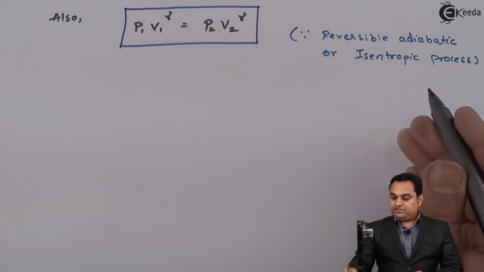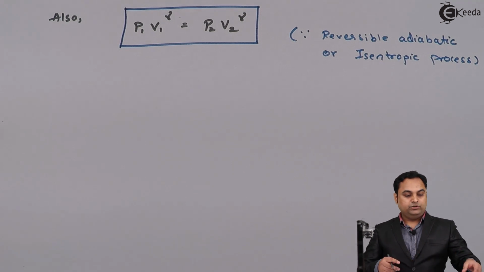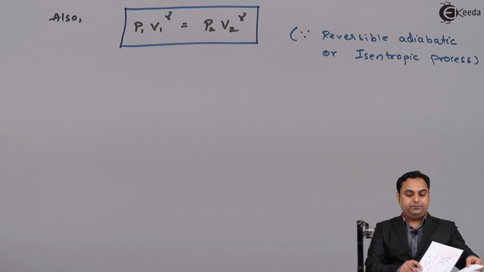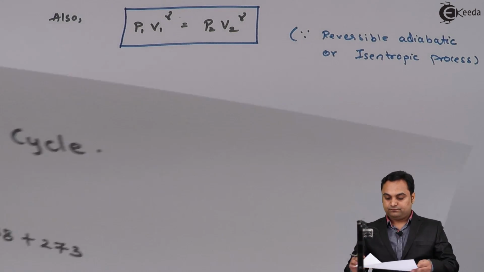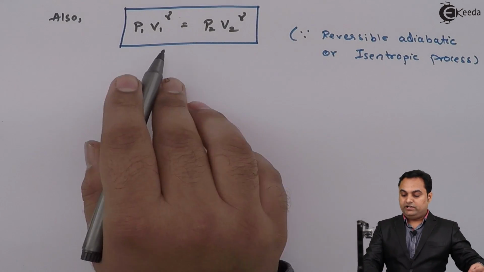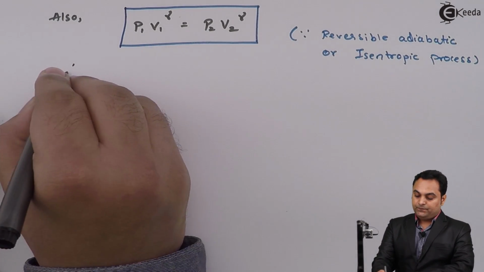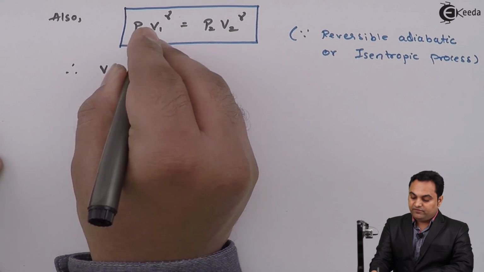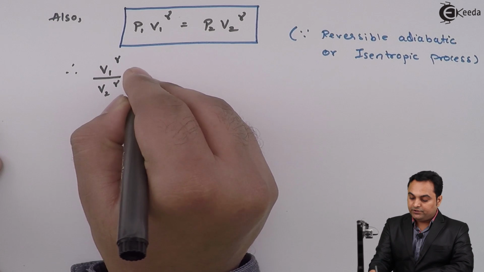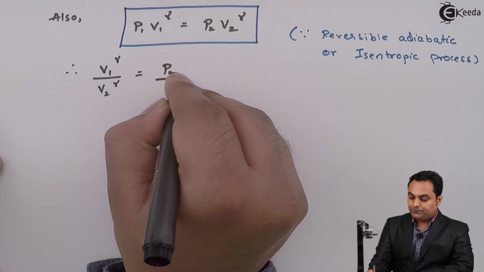Next, if I look into the problem, we have the relation of P2 by P1, that is P2 by P1 is equal to 15. So I'll keep P2 by P1 on one side and bring V1 here. We have V1 raised to gamma, and V2 raised to gamma will be in the denominator. It is equal to P2 by P1.